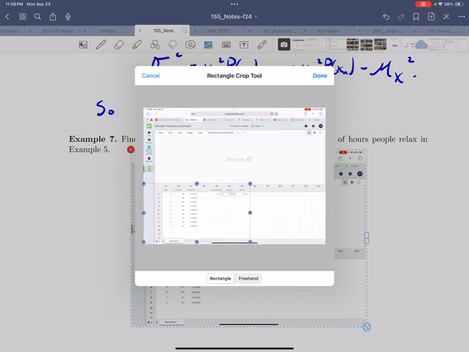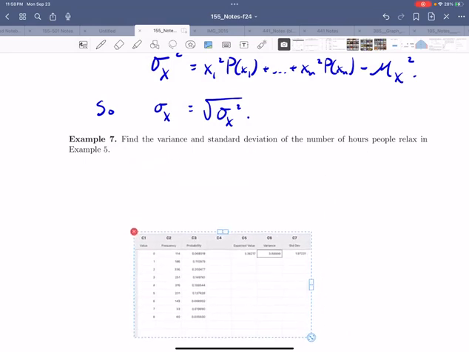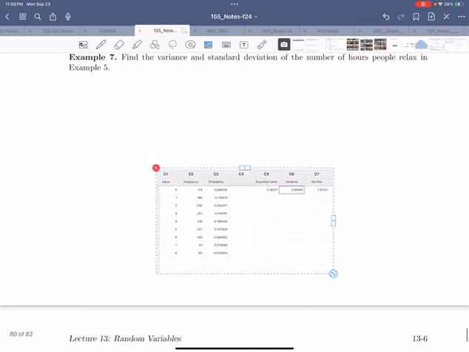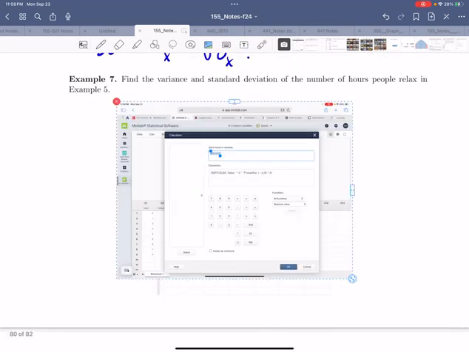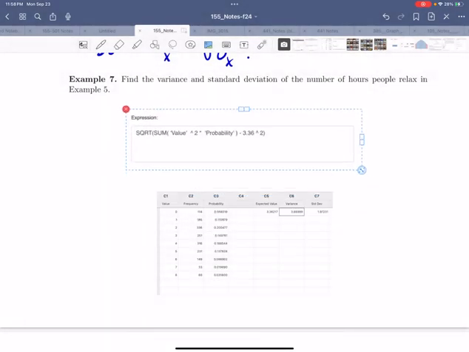Actually, let's just have all this right here. And then maybe we'll have this guy. And we're going to crop this as well. Okay, and that's how we get it.